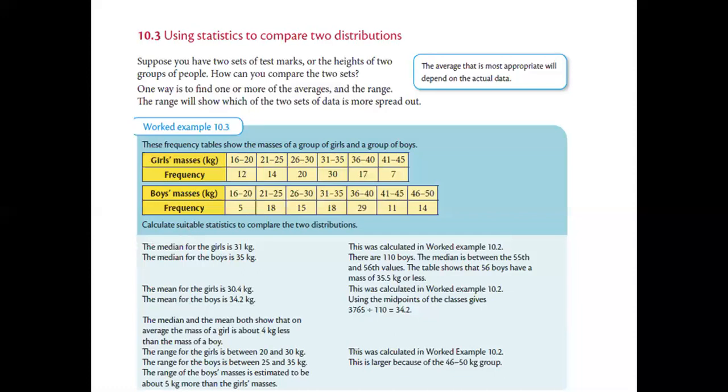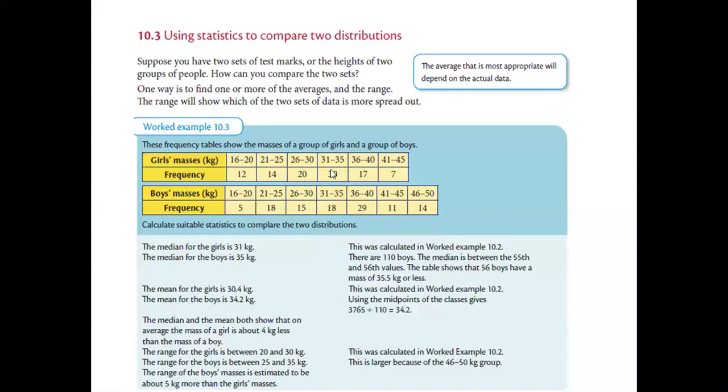So how can we compare that? For example, first of all, find the median. Find the median for each group, first of all the girls' group. What was the median? The median was the middle value when you write in order. Here we have 100 girls, and the middle value is between the 50th and 51st value.